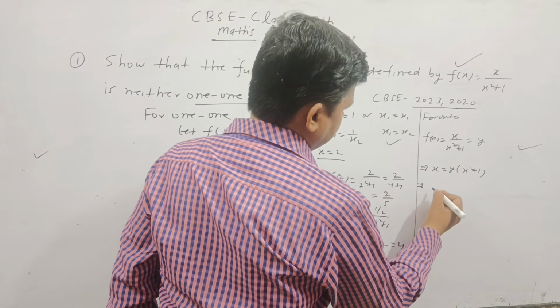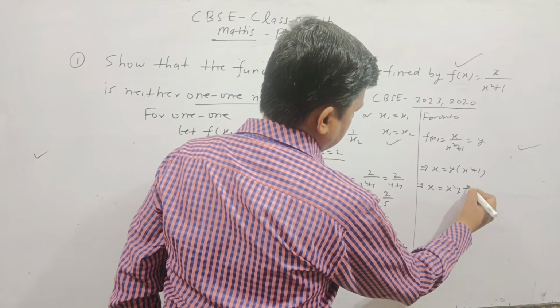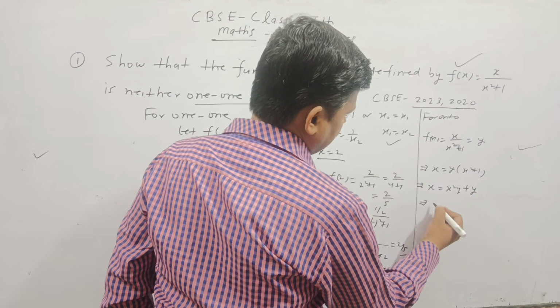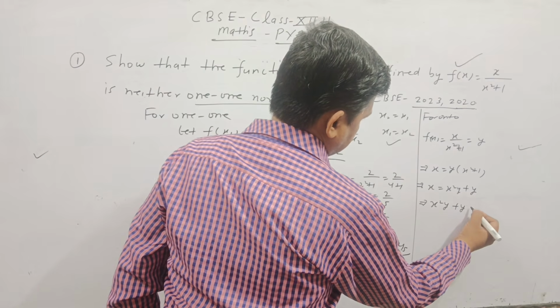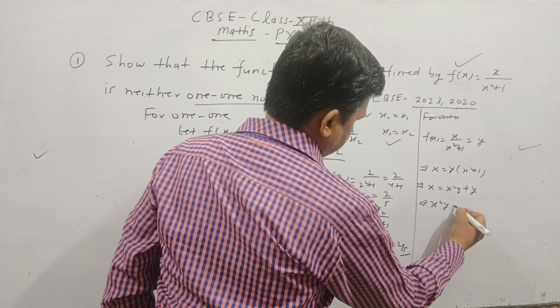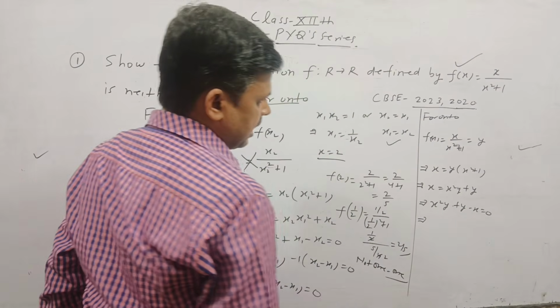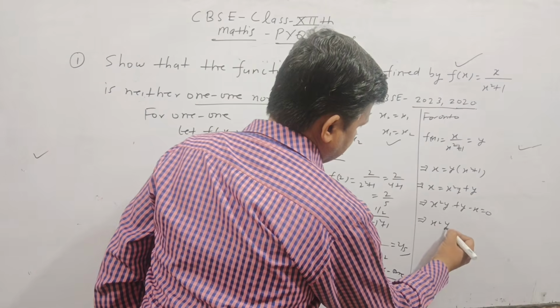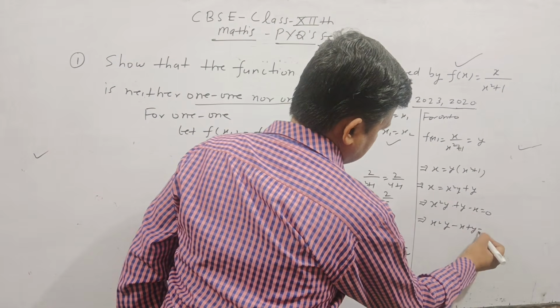In this way, x is equal to x square y plus y. So that will become x square y plus y minus x is equal to 0. Or you can say that x square y minus x plus y is equal to 0.